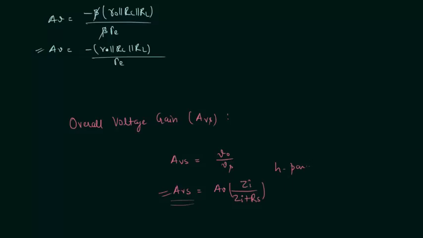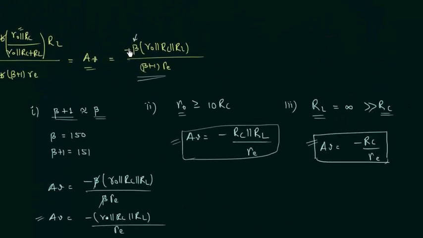Now we will talk about the negative sign in the expression of voltage gain. This negative sign represents a 180-degree phase shift between the output voltage and the input voltage.